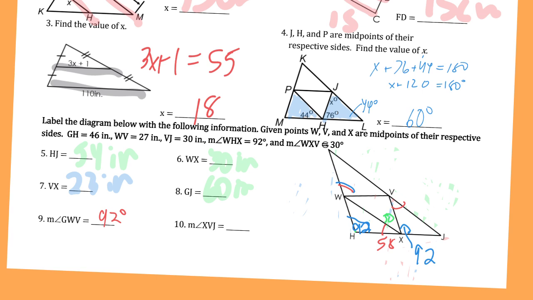Well, the truth is we just found this bottom right angle to be 58 degrees, didn't we? Okay. It corresponds with this angle here. Well, by the triangle sum theorem, if we know the left angle's 92, the right angle's 58, we can subtract those from 180, and we're going to get 30 degrees up here.